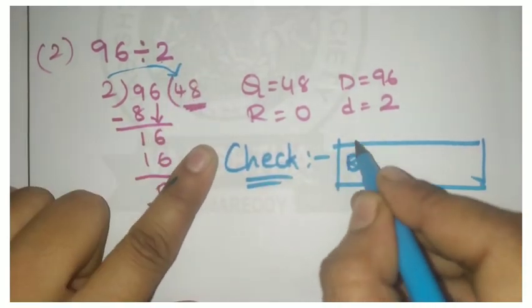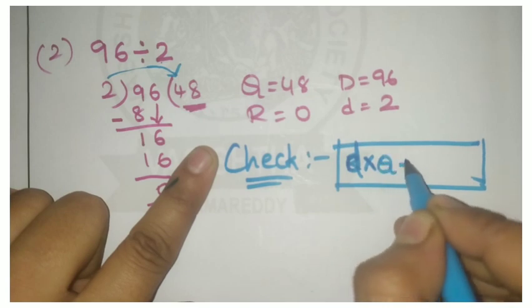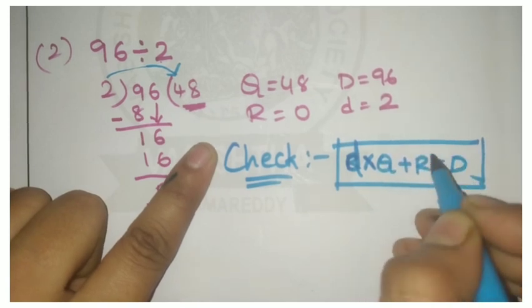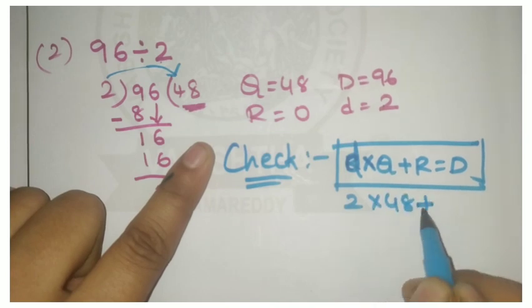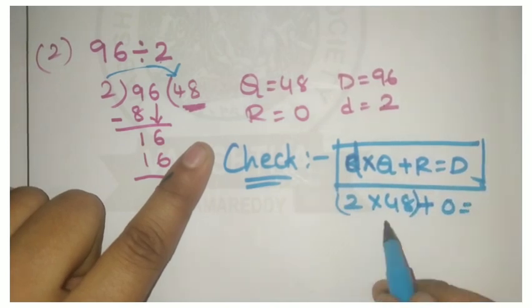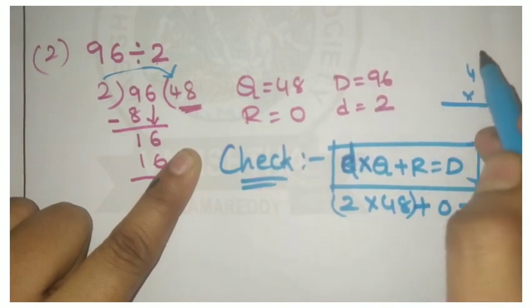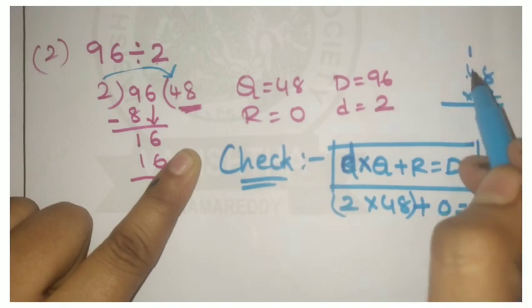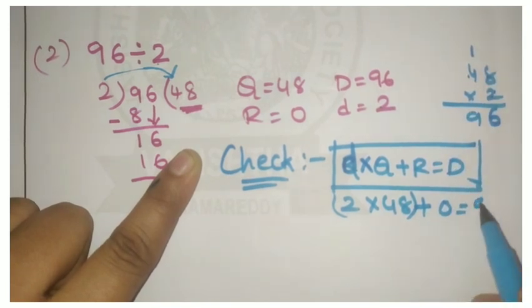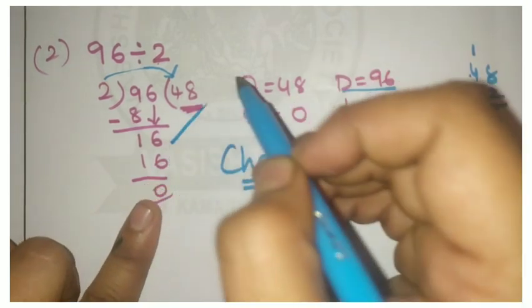Divisor into quotient plus remainder is equal to capital D. Divisor is 2, so 2 into 48 plus 0 is equal to 2 into 48. Look here, 2 8s are 16, 1 taken as carry and 6 will be here. 2 4s are 8, 8 plus 1 is 9, 96 plus 0 is 96. So we got the dividend, so this answer is correct.